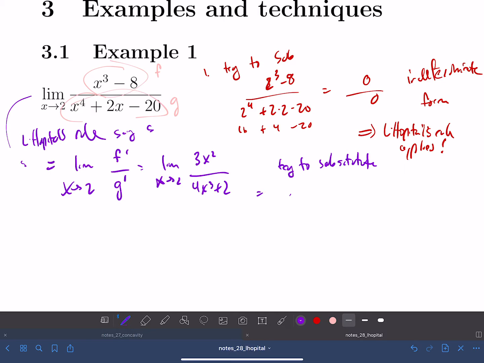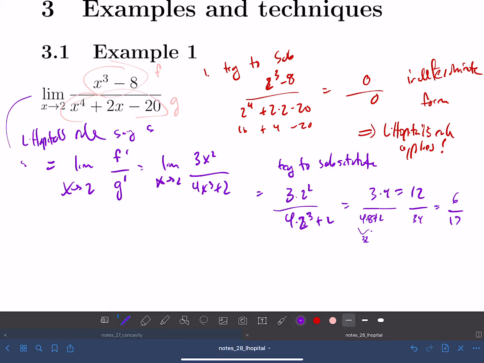And that's going to be equal to 3 times 2 squared over 4 times 2 cubed plus 2, which is 3 times 4 over 4 times 8 plus 2. 12 over 4 times 8 is 32, 34, 6 over 17. Groovy.